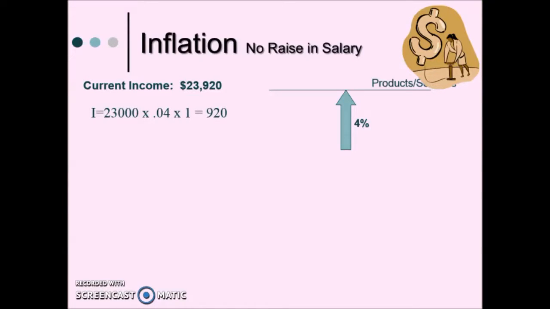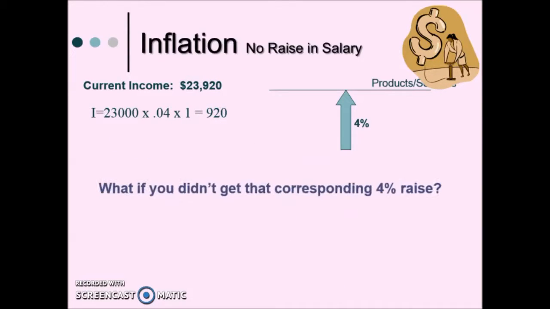And where is the 920 coming from? If you take the current salary times the inflation factor of 4% as a decimal times 1 year, that means we have an increase of $920.